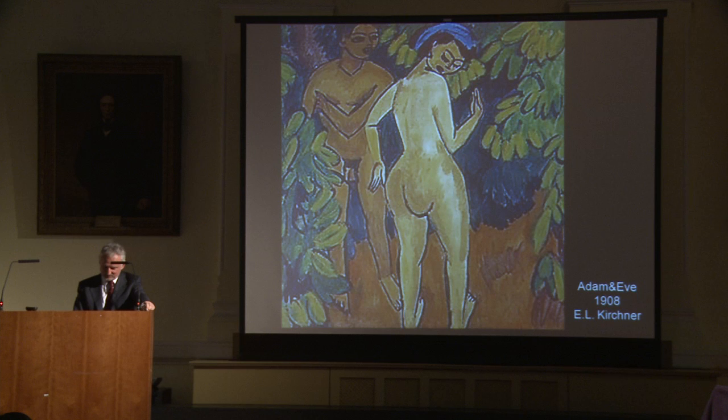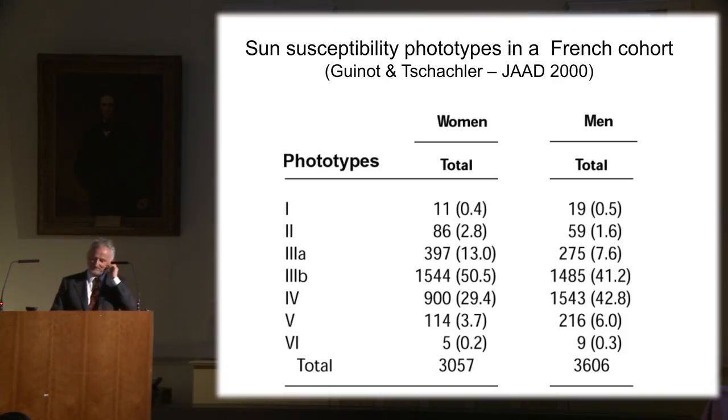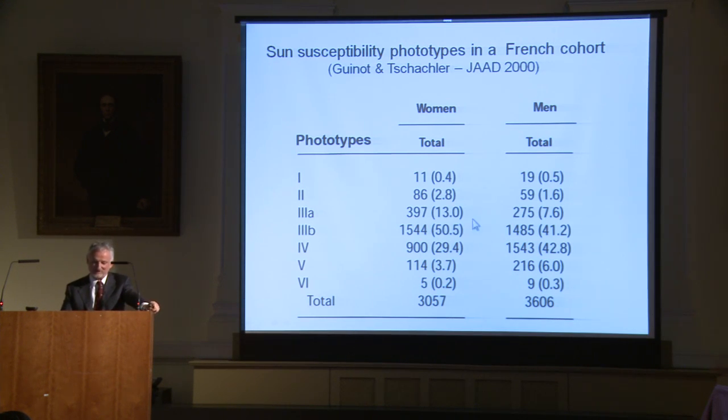in different skin colors. So we did a study on that, not particularly on that, but really on phototype distribution, etc. And we can confirm that there is a difference between phototypes in women and men. If you look at this data here, 50% of women have a lighter phototype 3b, whereas 40% of men have phototype 3b, whereas phototype 4 is found in only 29% of women and 42% of men.